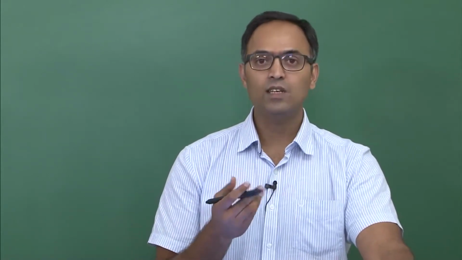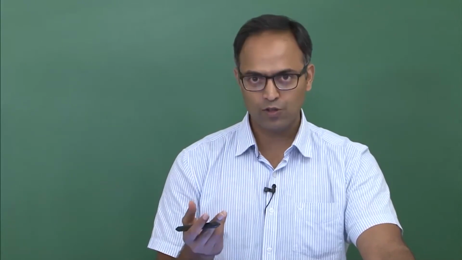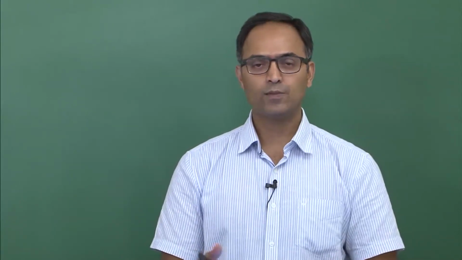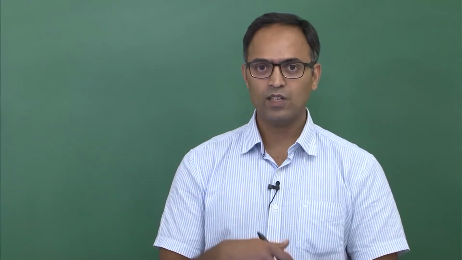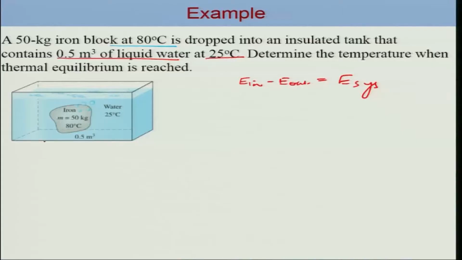Thus E in should be 0 as well as E out should be 0, because once it's insulated, the system is not getting any energy from the surrounding, nor transferring any energy to the surrounding. What remains is delta U, ignoring other terms. So delta U is 0, which means the internal energy of the system should remain constant.